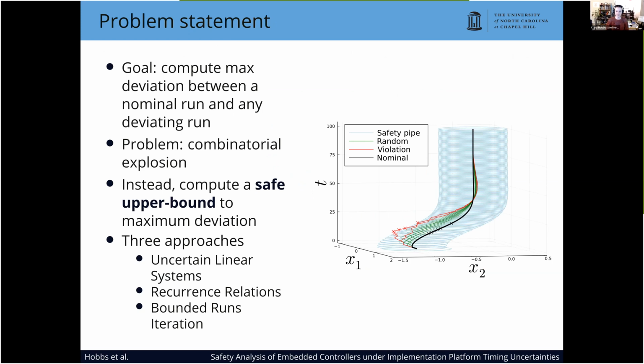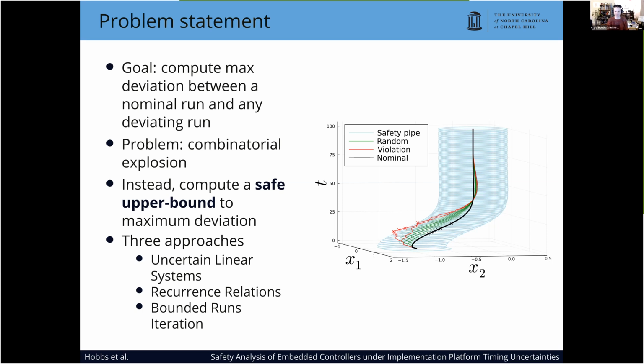So the overall goal in this paper is to compute the maximum deviation between the nominal run and any possible deviating run. And the problem with this that was alluded to earlier is that trying to determine this directly leads to a combinatorial explosion from the enormous number of possible deviating runs.